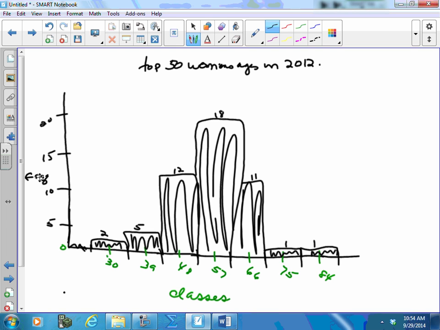I only have one person in the 84, one person in the 75. I don't know the exact number, but I know for my midpoint side I have 2 that fall in the 30 area, and I have 5 that fall in the 39 area. So it kind of gives me a better glance at what I'm looking at.